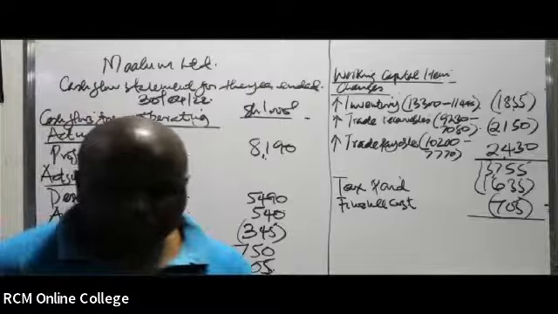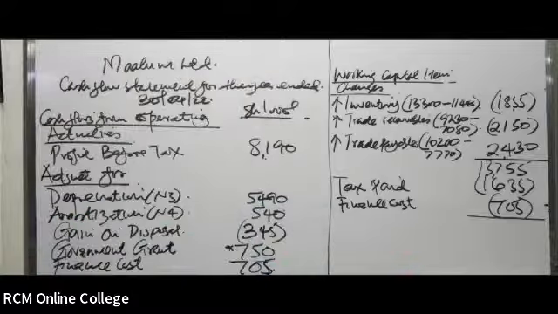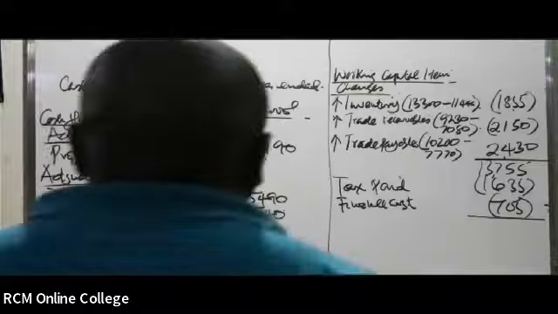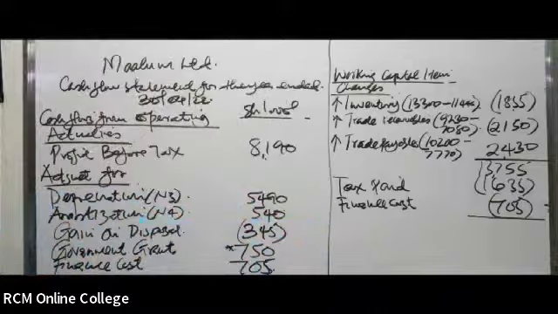Let me confirm with my calculator. So we have 8190 plus 5490 plus 540 minus 345.